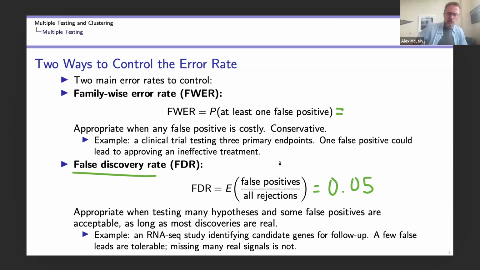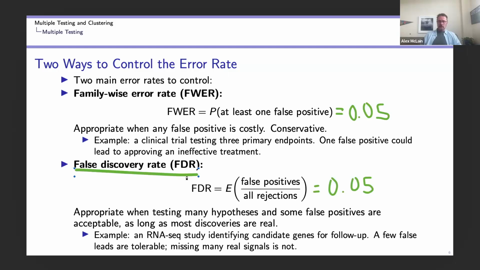So if we apply both of these procedures at the 0.05 level, the family-wise error rate may reject 6 hypotheses where the false discovery rate will reject 30, right? So we're going to have a lot more rejections for the false discovery rate because it's not as high a bar as the family-wise error rate is.